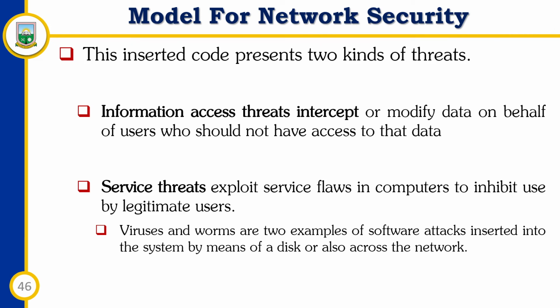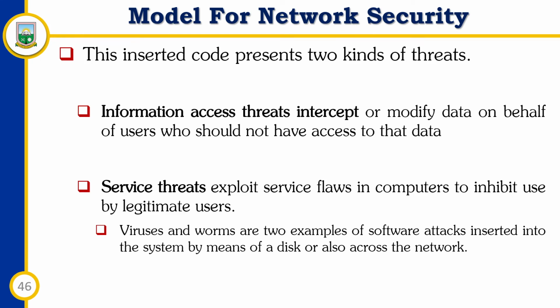The first is the information access threat, and the second is the service threat. The information access threat intercepts or modifies data on behalf of users who should not have access to that data. The service threat finds ways to exploit service flaws in computers to inhibit the use by legitimate users.